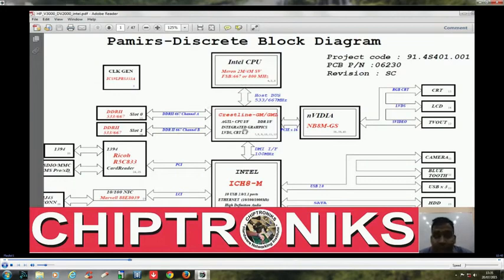I'll give an example from networking. In networking, we use a router to route various addresses. Similarly, the GMCH routes all the addresses from the CPU to the RAM.